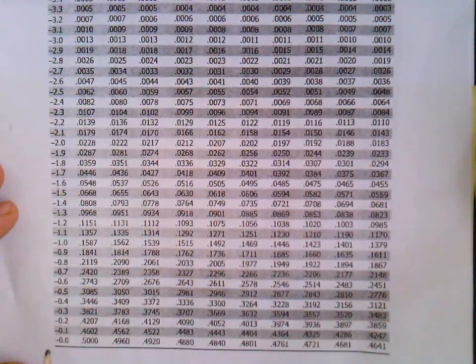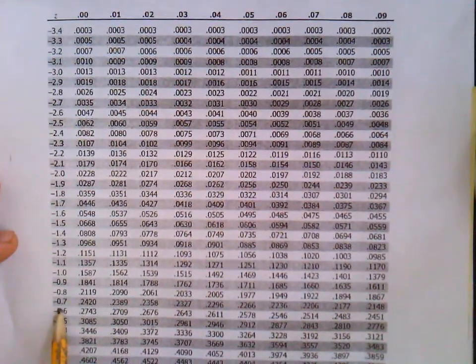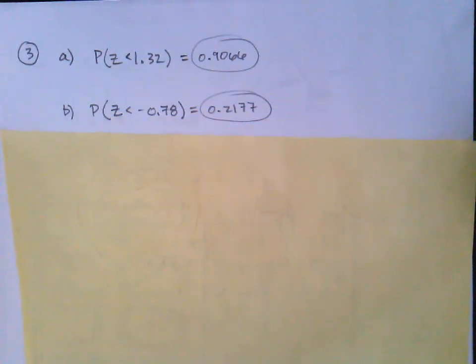So I'll look up negative 0.7, and I'll try and get it on the screen. Negative 0.78. I would have to go all the way. The very last one is 9, so this one right here is negative 0.78. That is 0.2177. So there's our answer, 0.2177.